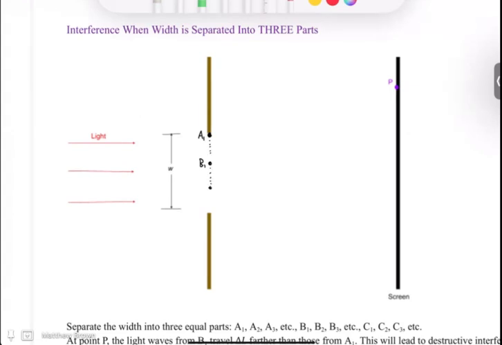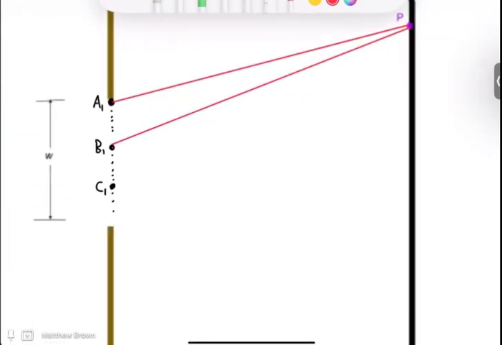And this here would be C1. Right? Dot, dot, dot. And so what we're looking at here is the light from A and the light from B. I'll leave it like that, right? We want to look at destructive interference here. So we've got the light from A and the light from B.